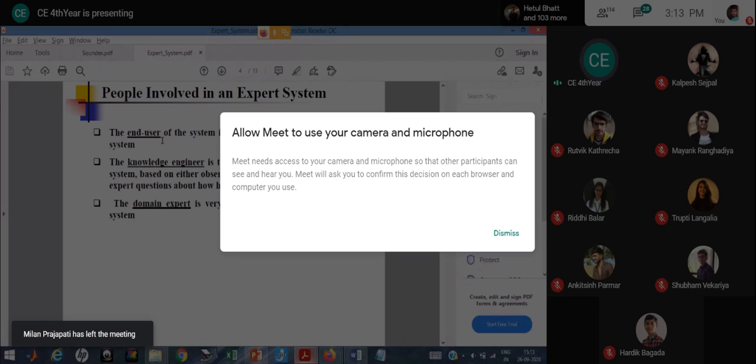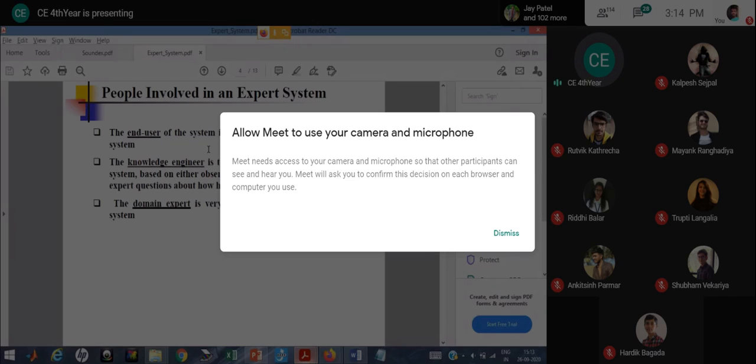For example, in the case of a medical diagnosis system, this may be a doctor, or it may be an individual who has a complaint that they wish to diagnose.